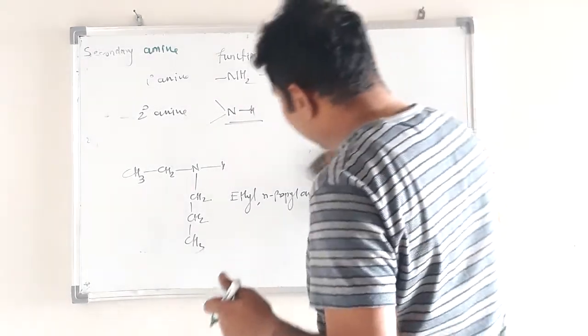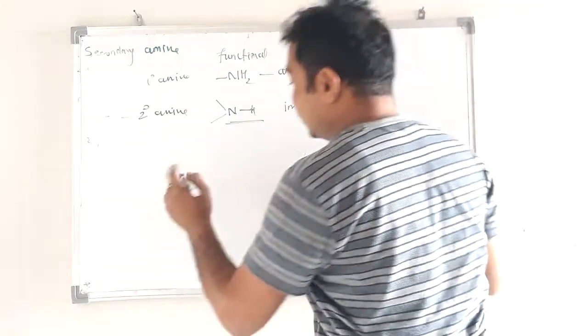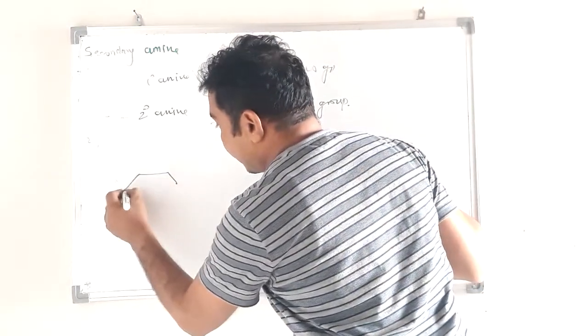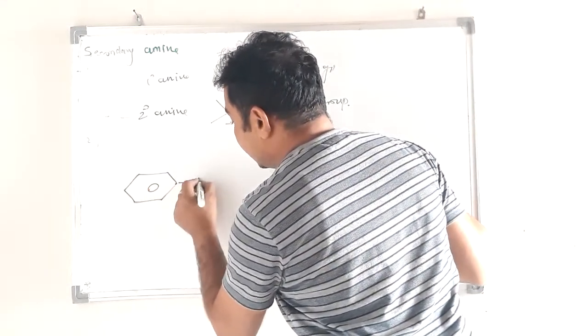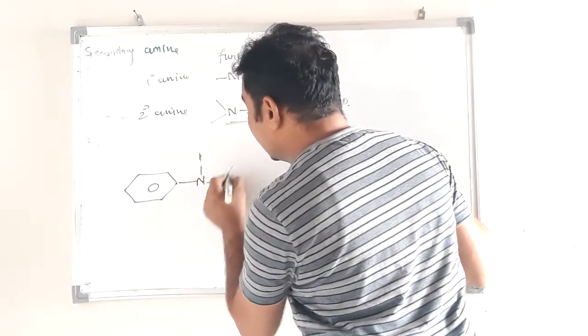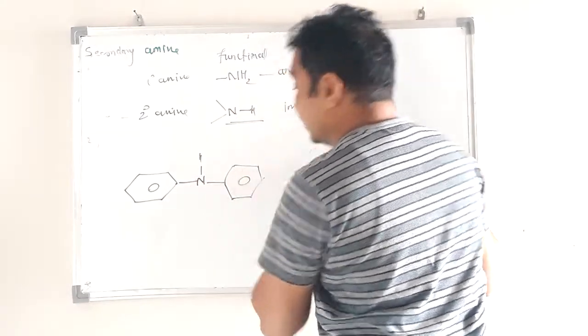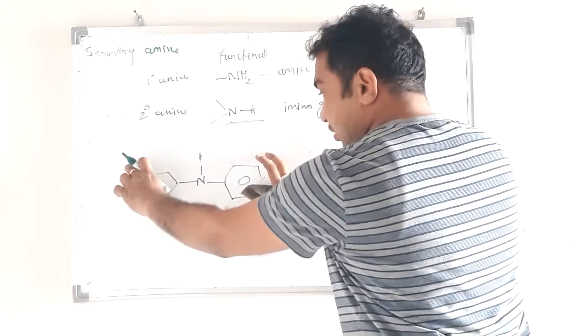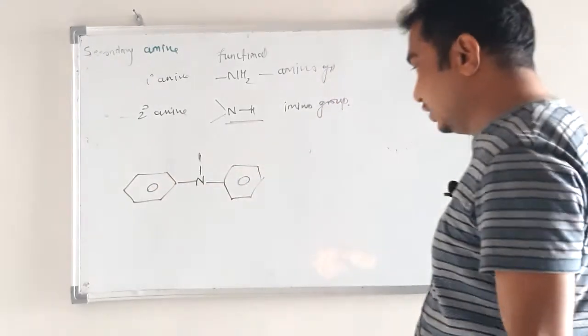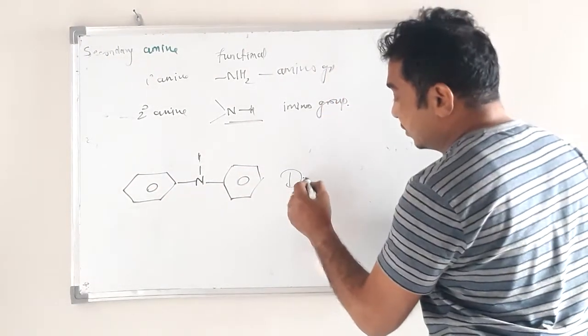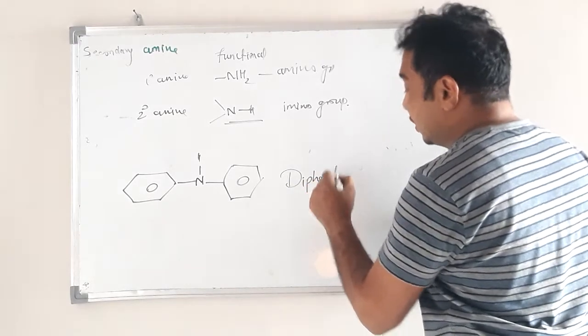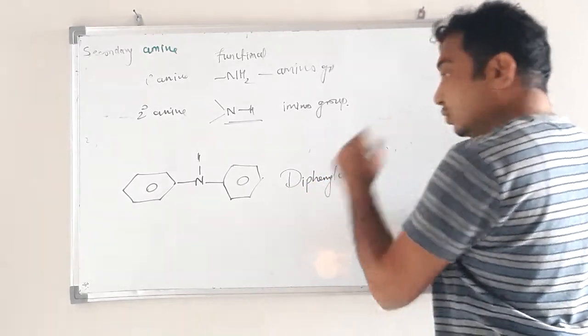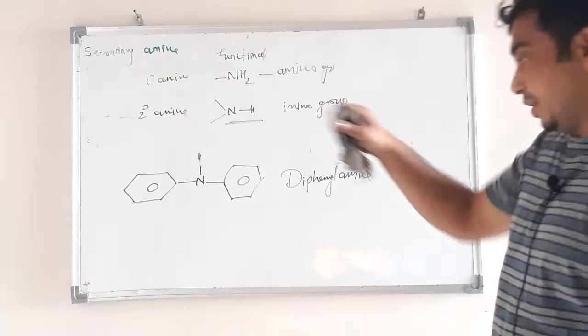Also, for example, aromatic amine: NH with two phenyl groups attached to nitrogen is called diphenylamine. So these are aromatic.